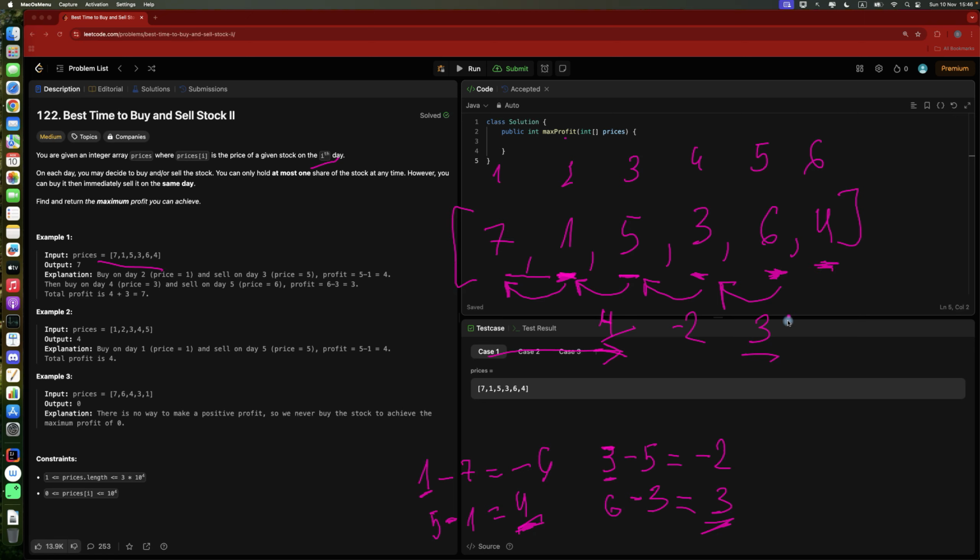And when we are standing at the end of the array, we look at the previous.